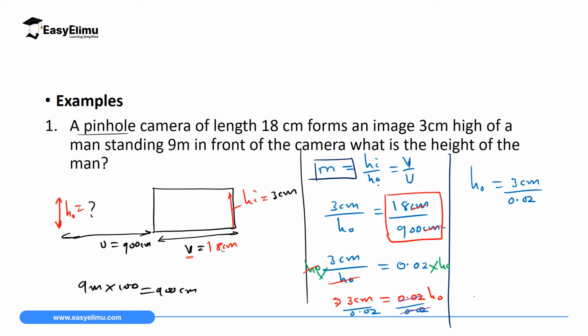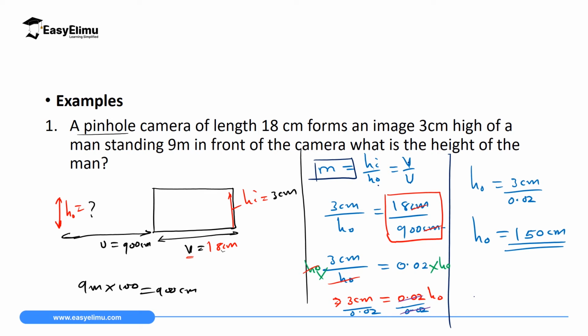This one does not have units, so our answer will remain in centimeters. Therefore, HO is going to be 3 divided by 0.02, which is the same as 150 centimeters. So the height of the man is 150 centimeters.